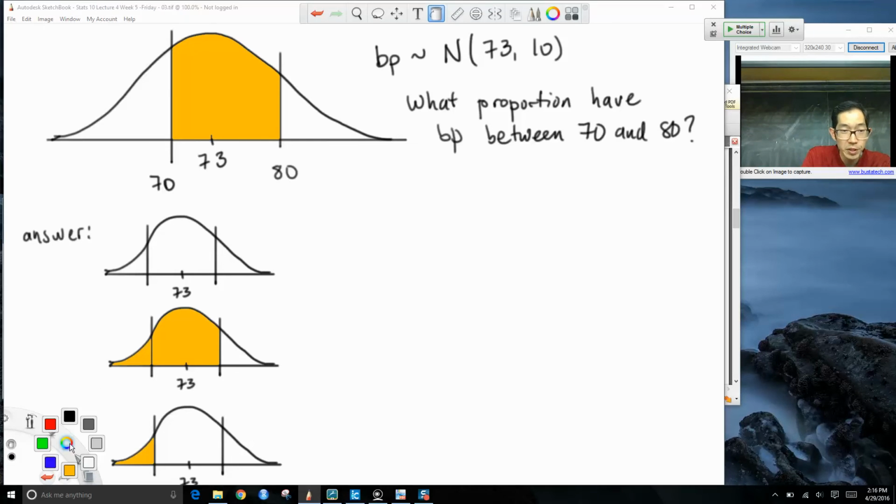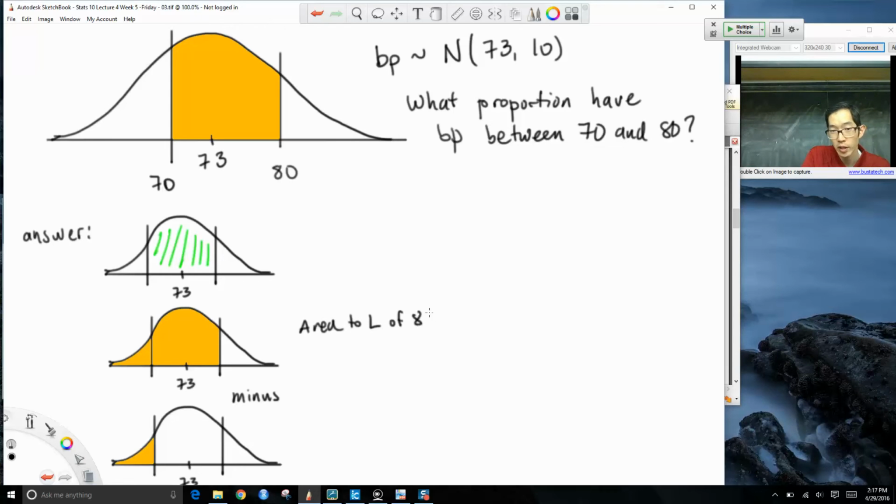The desired area that we want, this area, is equal to this area minus this area, okay? So we're going to find the area to the left of 80, and we're going to subtract off the area to the left of 70. And we will be left with the area in between 70 and 80.